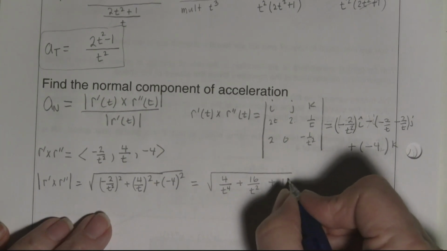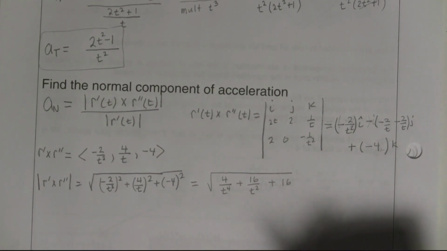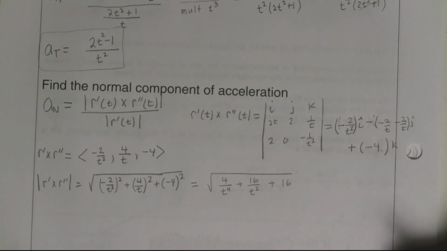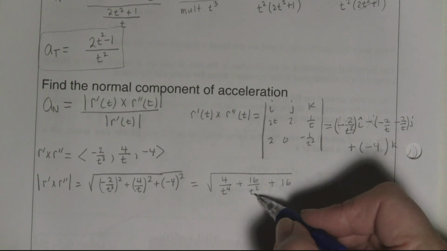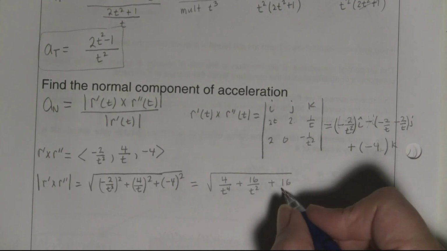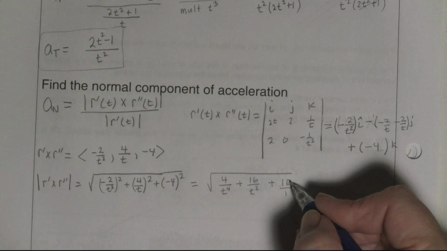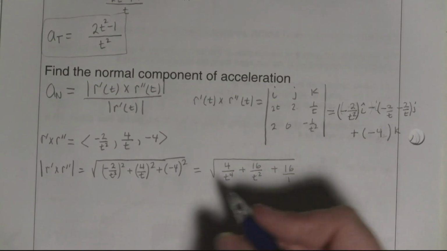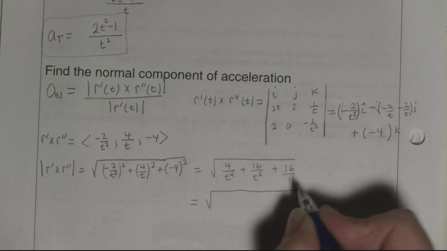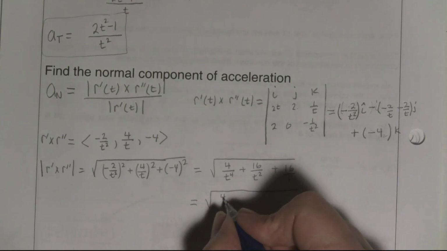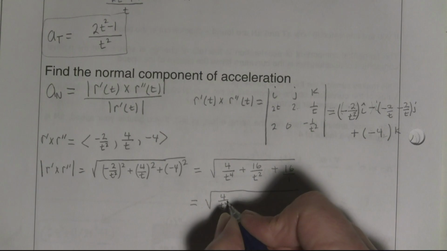And plus 16. And getting a common denominator, which would be t to the fourth. So t to the fourth already here, multiply by t to the second, top and bottom here. And I'll write that over 1 and multiply by t to the fourth, top and bottom here. Same thing that you saw happen in the other one is going to happen here. It's like a miracle problem. It really simplifies nicely.